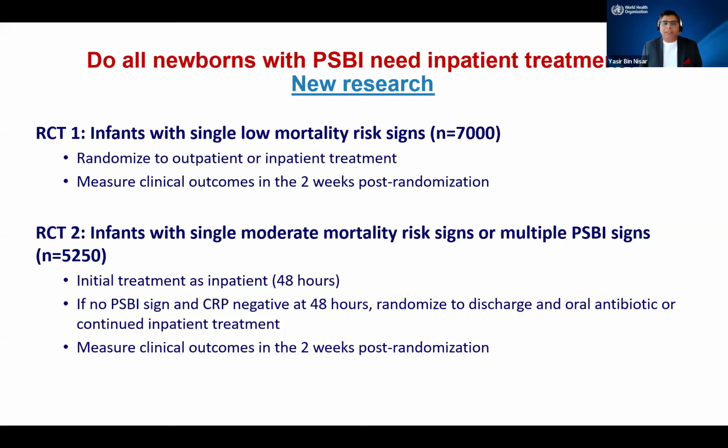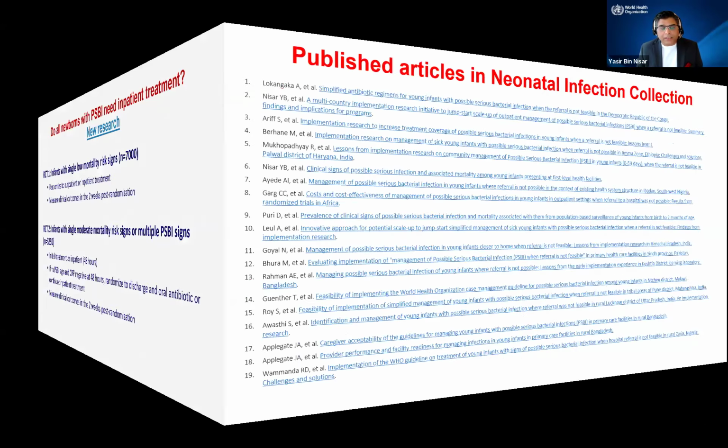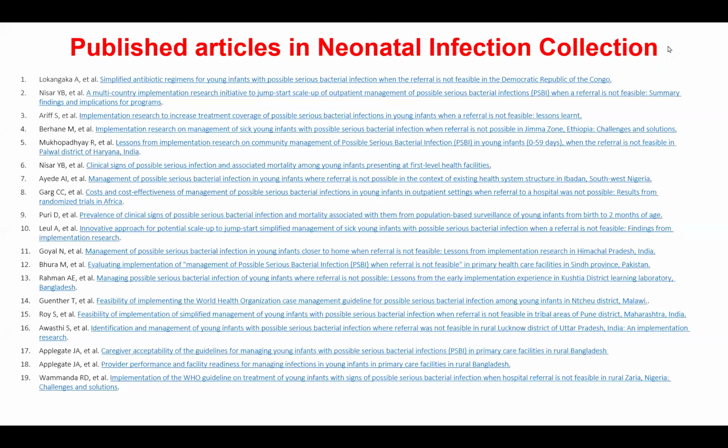The total sample size is 5,250, and we have completed about 4,900 cases. This study is also going to be completed by June 2024, and it will also help us review the current guidance and guidelines.